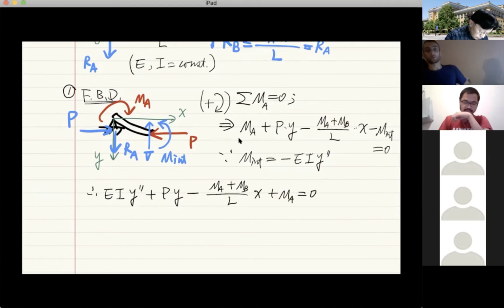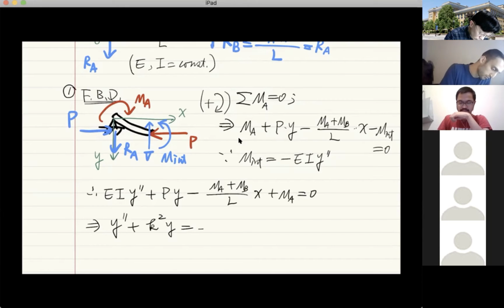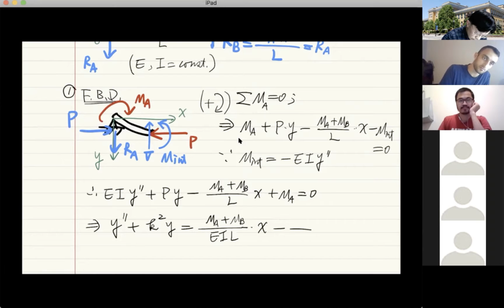And you can move this to the other side to make it: Y double prime plus K squared times Y equals MA plus MB over EIL times X minus MA over EI, like this.